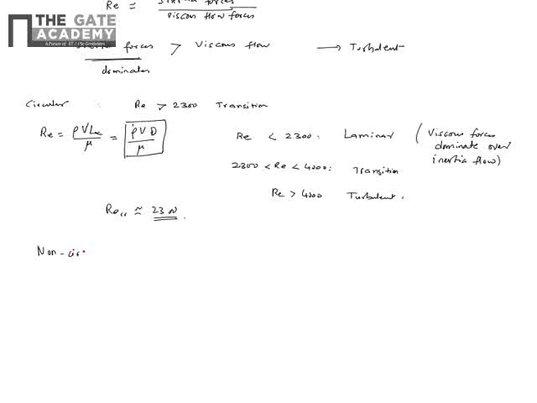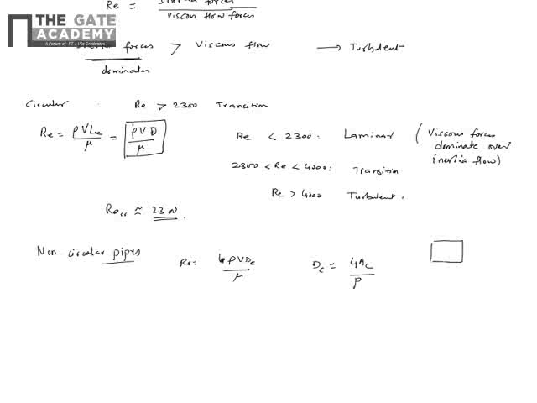For non-circular pipes, the formula is the same, rho v d by mu, but for a non-circular pipe this d is nothing but 4 times the area of cross section divided by the perimeter.